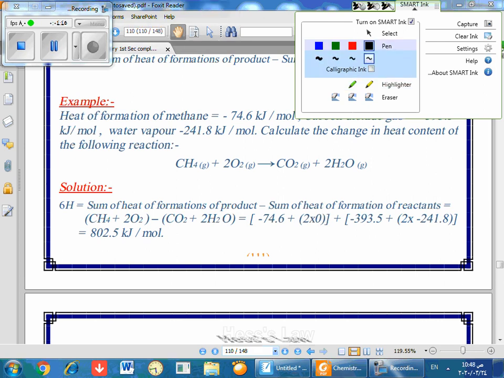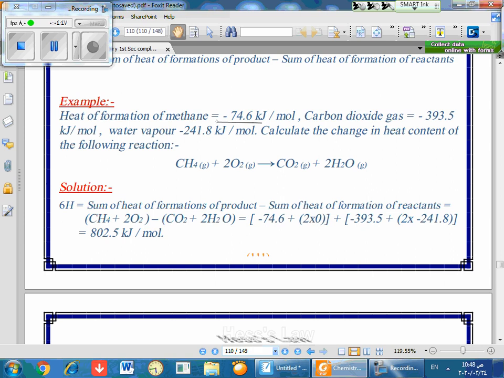Carbon dioxide equals negative 393.5, and the water vapor equals negative 241.8 kilojoule per mole.